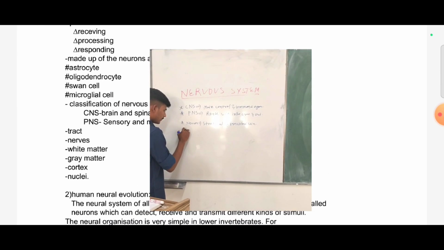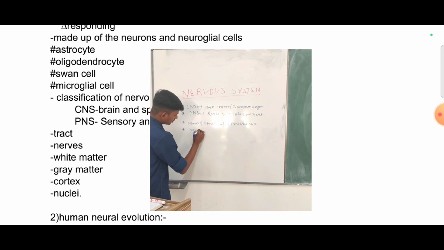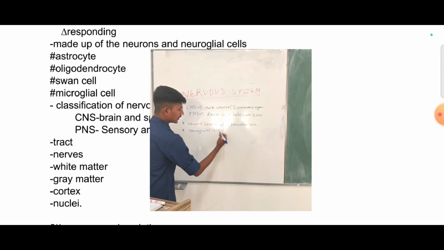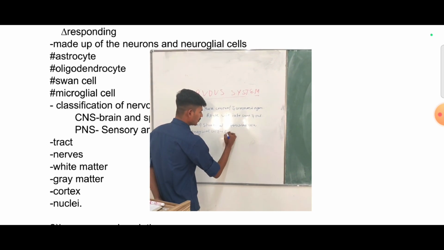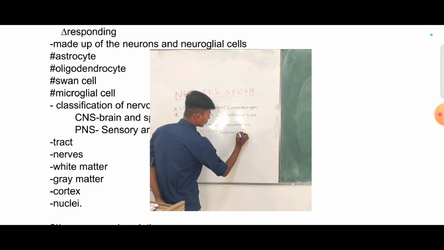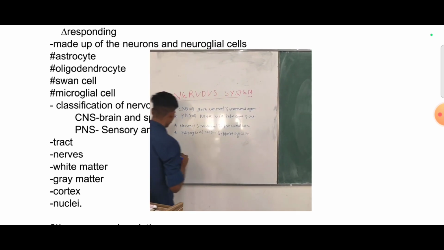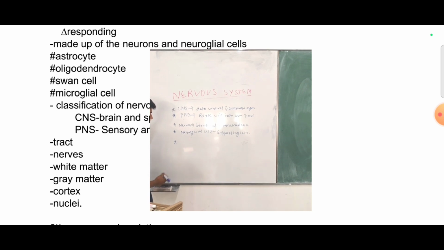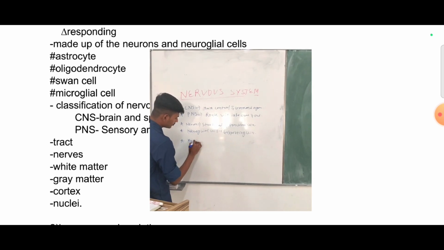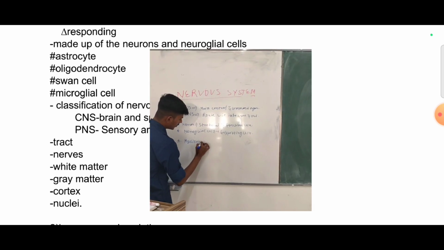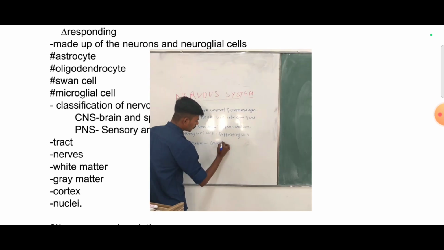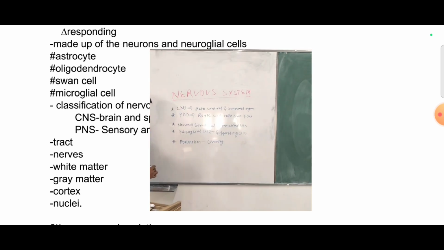Now, the neuroglial cells are basically the supporting cells, in one word, supporting cells. Clear? Then we understood the basic covering, called the myelination. Myelination is just a covering, a covering of the neurons, or in a broader way, the covering of the nerves.